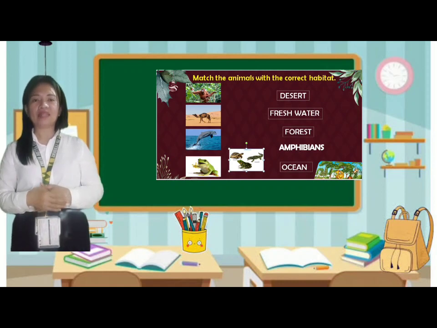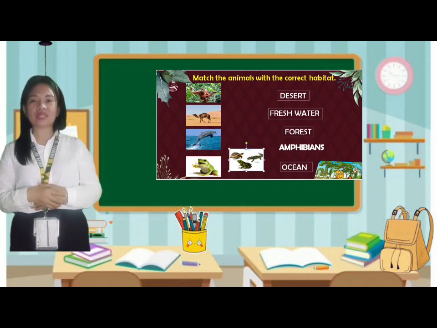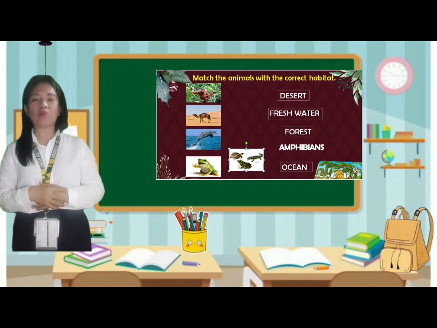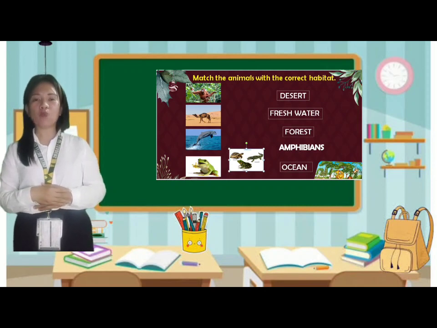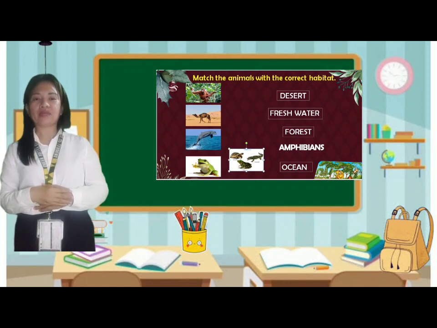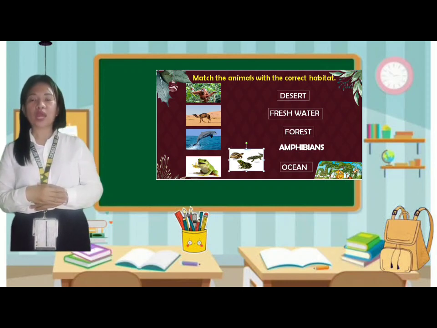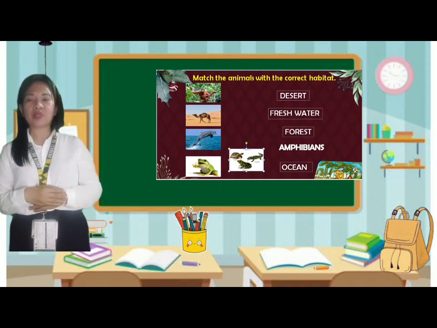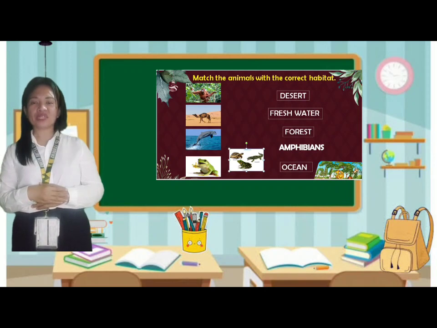Correct. And number 4. What is the habitat of a frog? Fresh water. Correct. And number 5, what is the habitat of the crocodile, turtle, and frog that can also live on land and water? Amphibians. Very good, class. All your answers are correct.